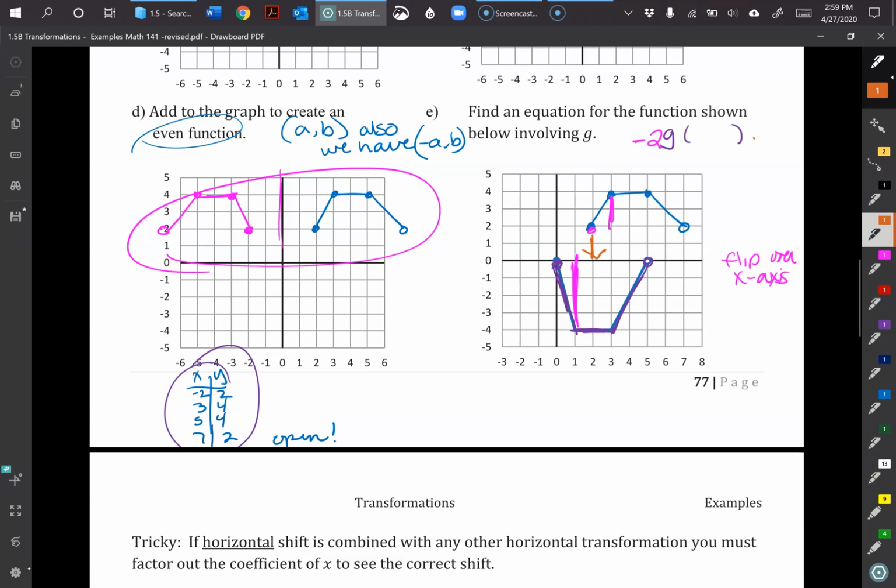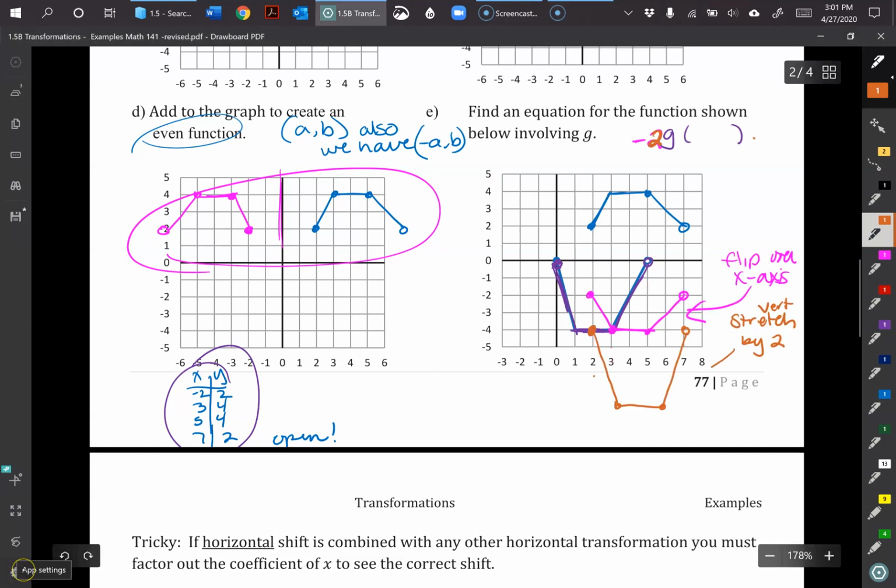Let's see, but I flipped, right? So let me draw in what I have so far in that middle stage so I can track it. Okay, so I've drawn in my flip in the pink right here. That's my first stage. And then I have my vertical stretch where it really stretched up far.